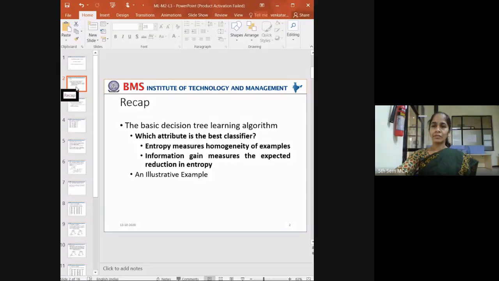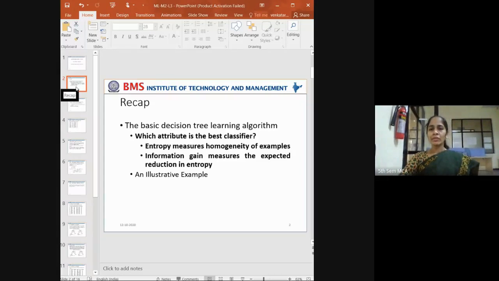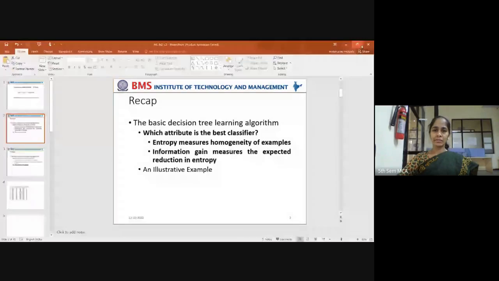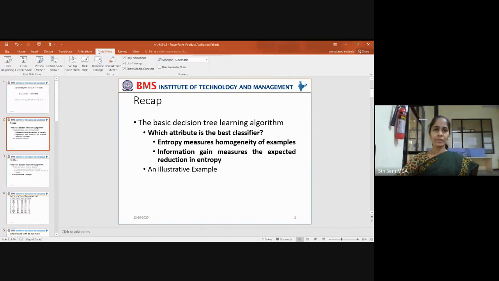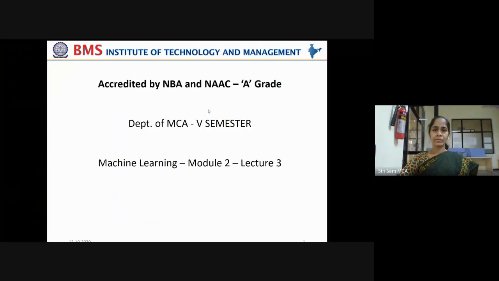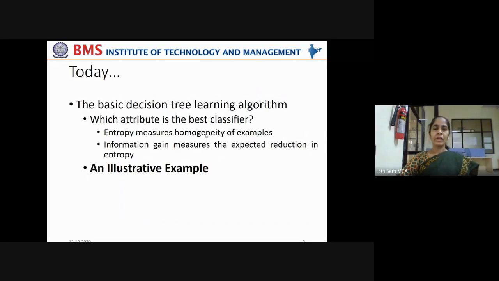In the last few sessions in this chapter, we have gone through the basic decision tree algorithm and which attributes would suit as the best classifier. And that we are going to learn with an illustrative example.